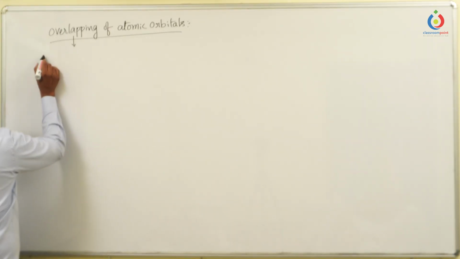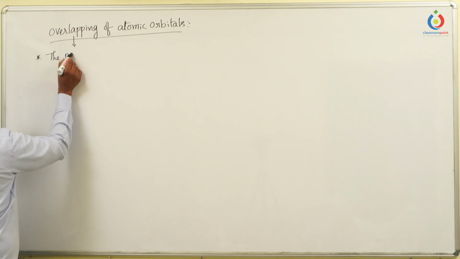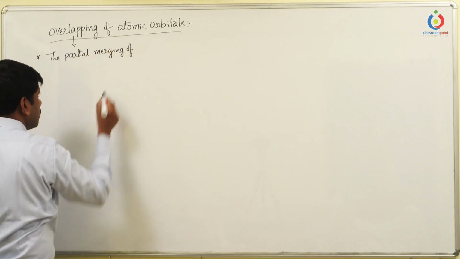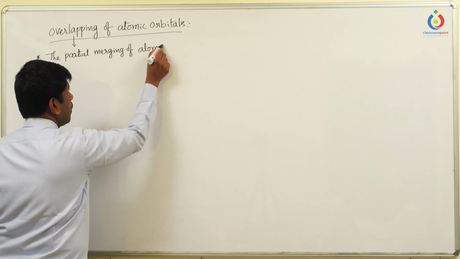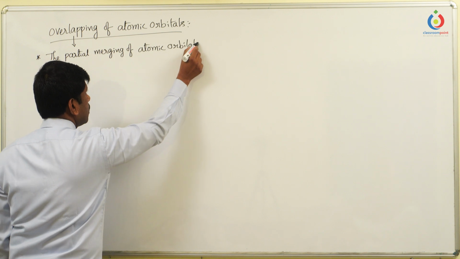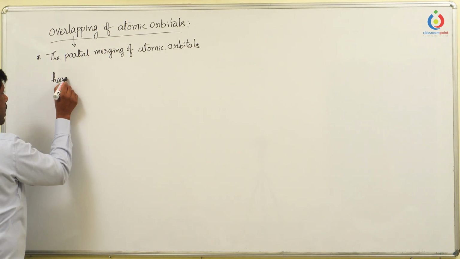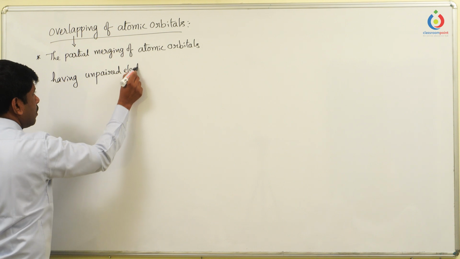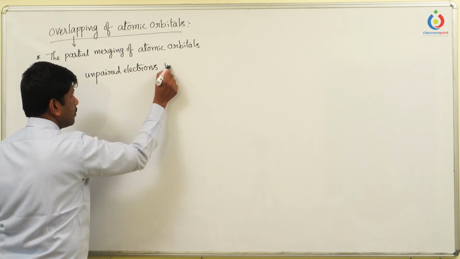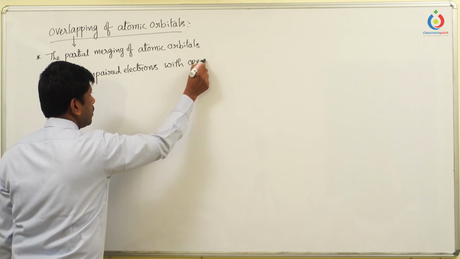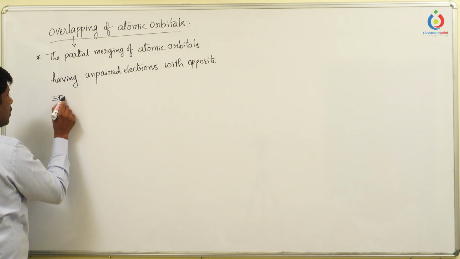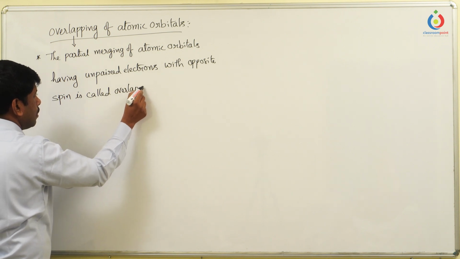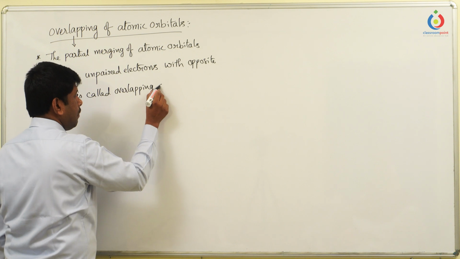The meaning of overlapping is the partial merging of atomic orbitals having unpaired electrons with opposite spin is called overlapping of atomic orbitals.